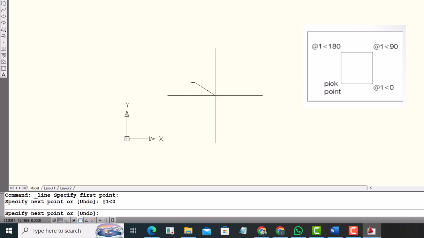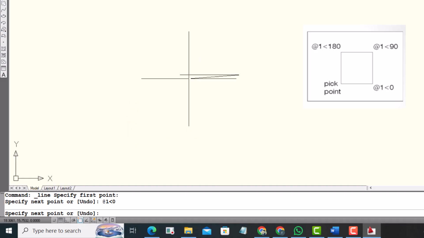Just enter. You see, 1 unit length. It doesn't have any relation with the X and Y, just length. For next point, for example, at 1 in angle 90, it comes to this direction. If I add 90, just enter.